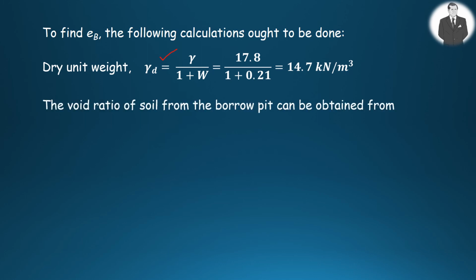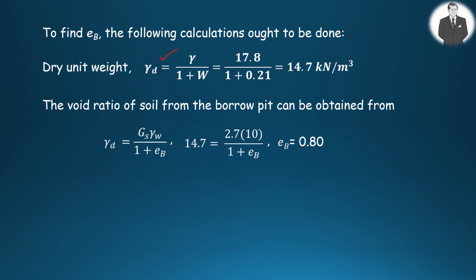The void ratio of soil from the borrow pit can be obtained from another dry density equation expressed in terms of specific gravity of soil, unit weight of water, and the void ratio of soil.